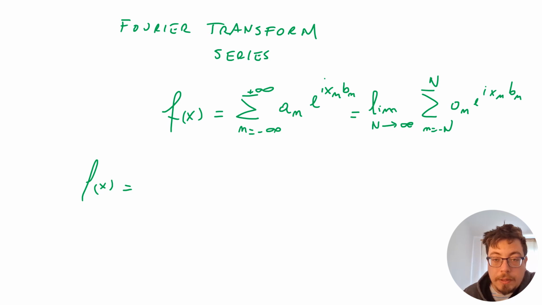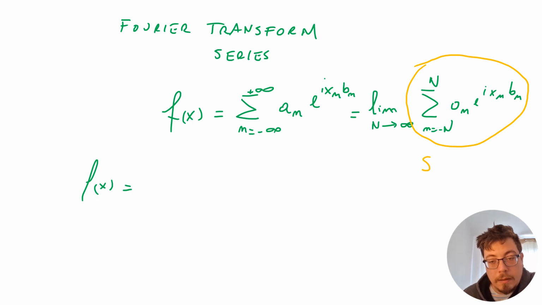So this expression here is a sum, S_N, which is basically a sum of coefficients, which are numbers and complex values. Okay, we know what a complex value is.